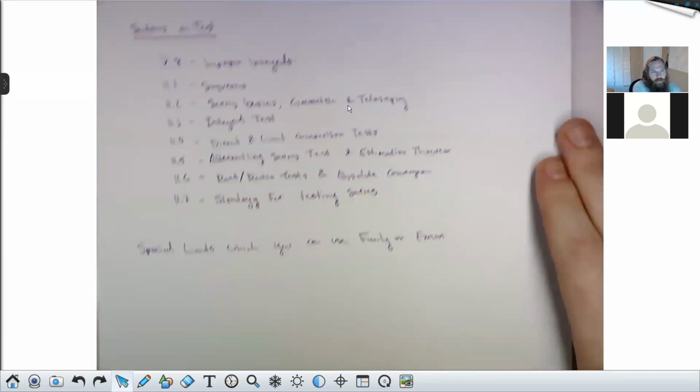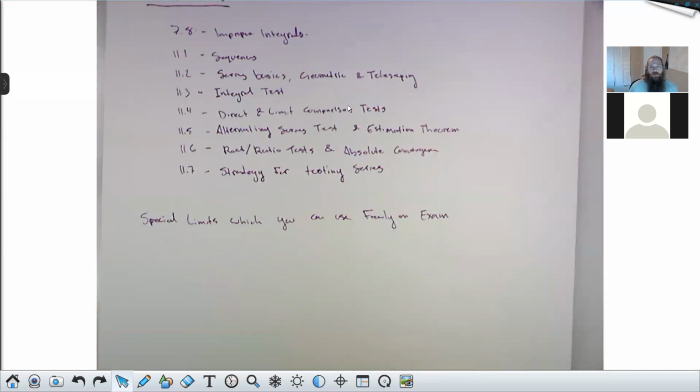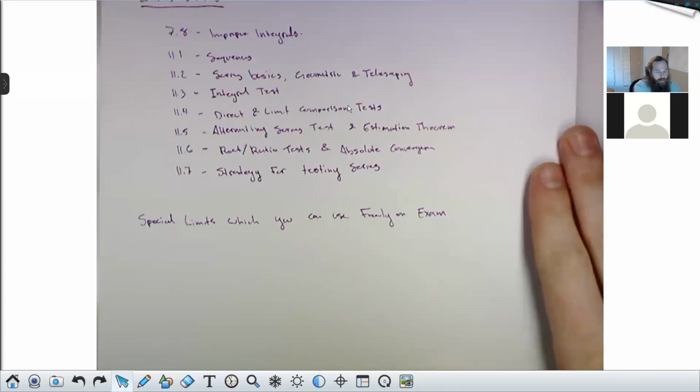What I mean by freely use is you don't need to explain these particular limits, right? So you need to show work for all of your problems. But if you bump into one of these limits, you're allowed to just write it down. In other words, you're welcome to memorize these. You don't have to, of course, but it's my recommendation that you remember them.